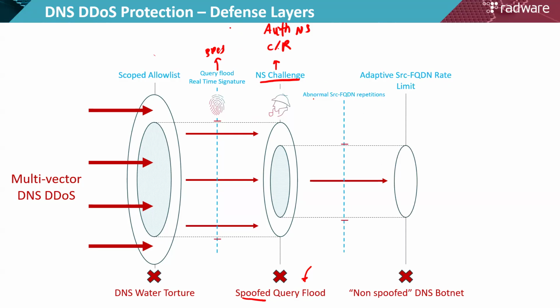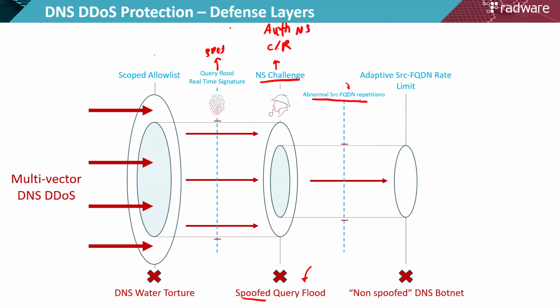Next, we have abnormal source FQDN repetitions. Let's suppose you receive requests from the same source for a particular domain name. It is normal to receive, say, 10 requests from the same source, but if you receive 500 or 10,000 requests per second from a single source, that is abnormal activity.